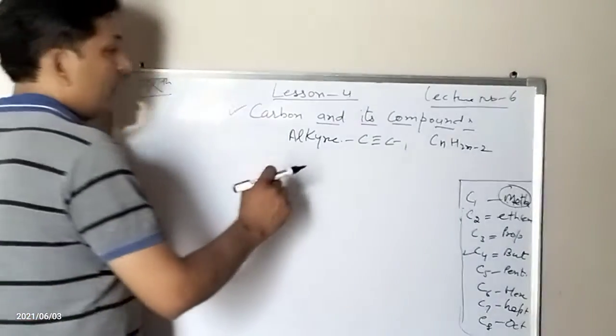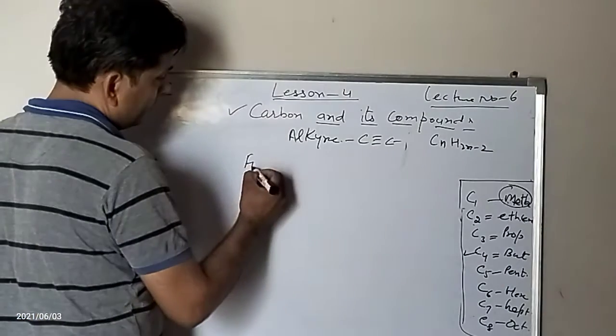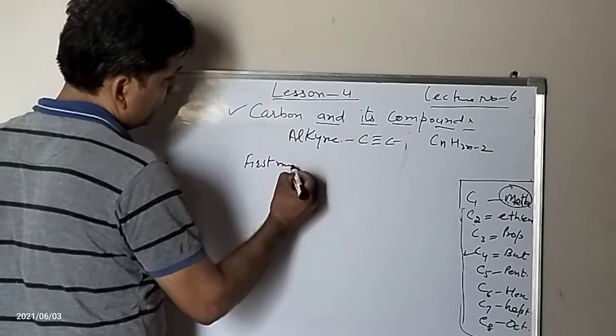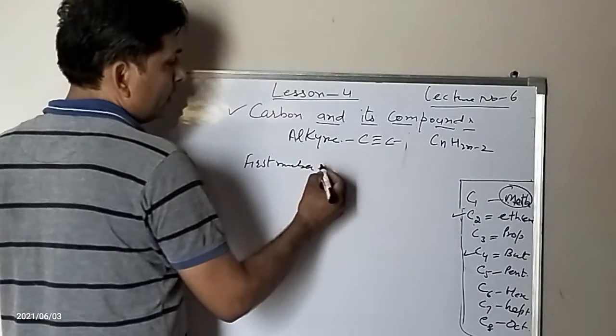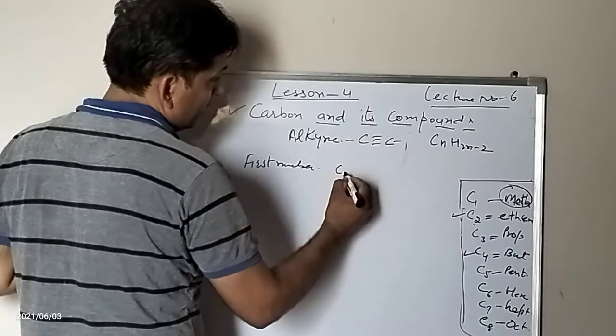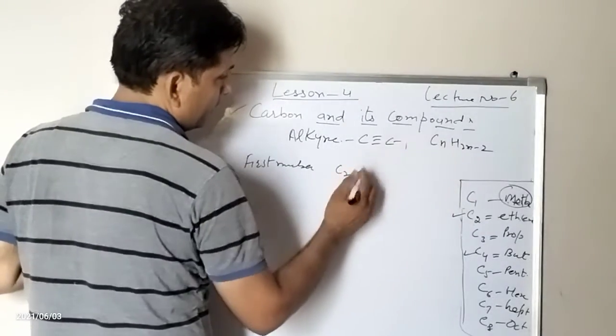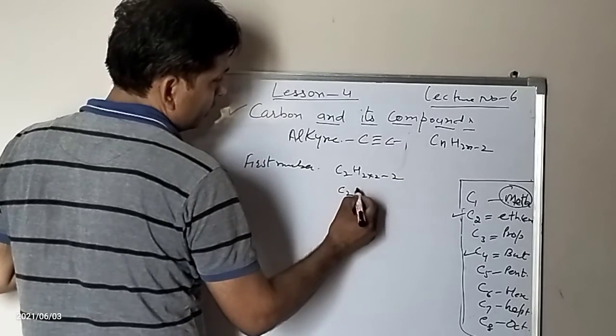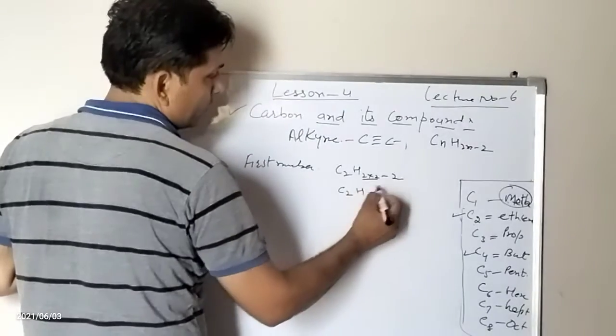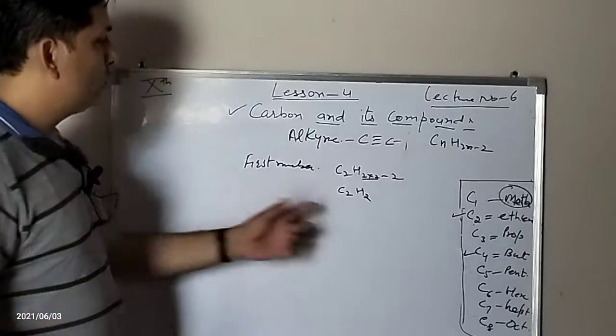If we look at the first member, it will be ethyne. Number of carbon atoms is 2, then 2 into 2 minus 2, means C2H4 minus 2. It is equal to C2H2.